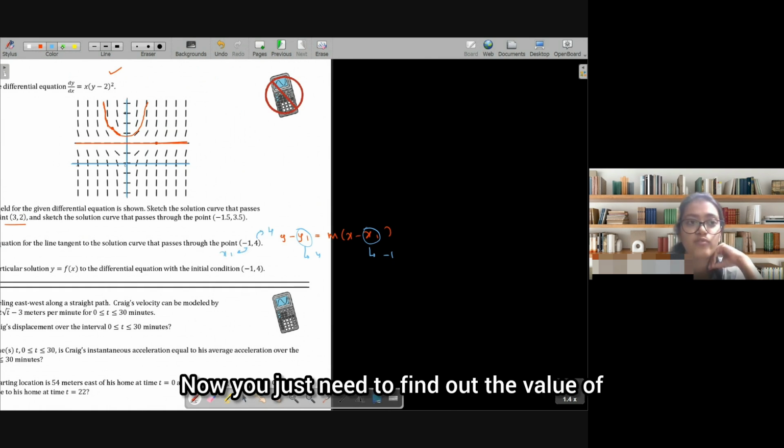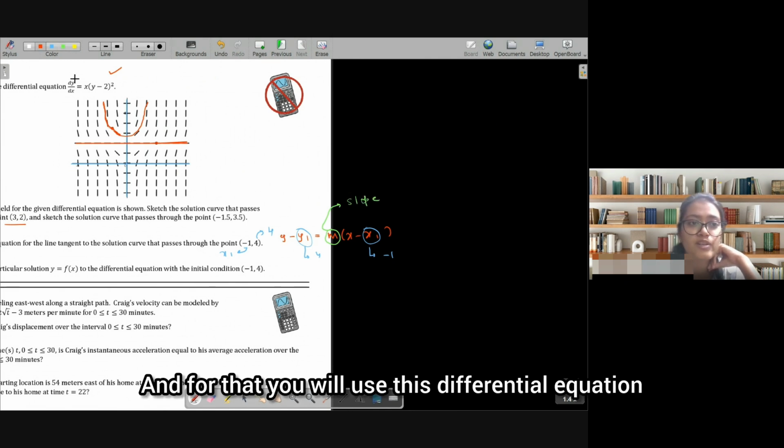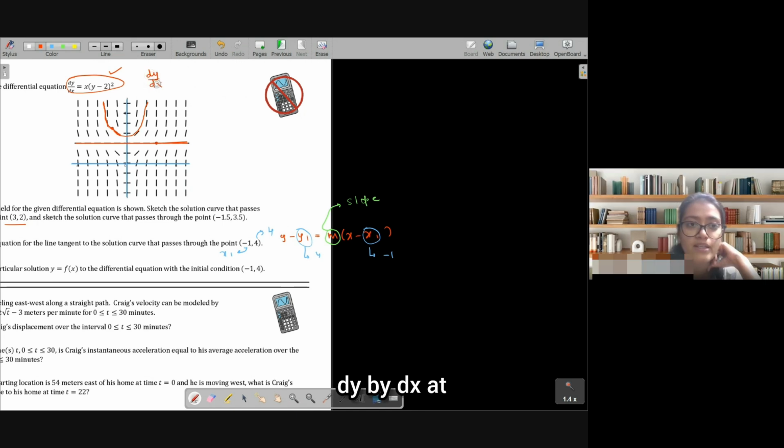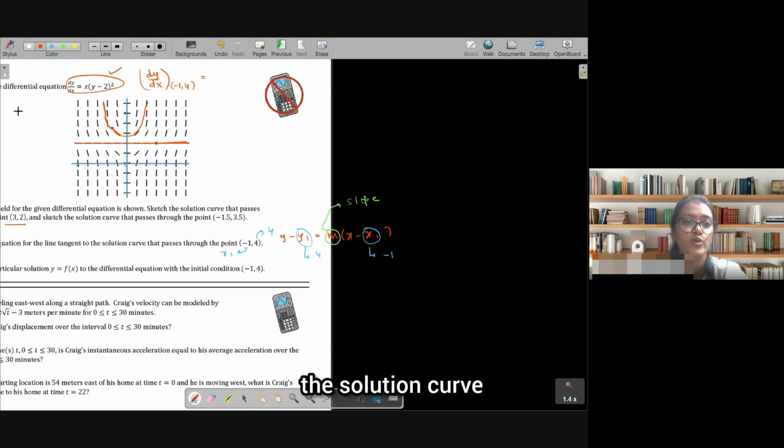Now you just need to find out the value of m, which is slope. And for that, you will use this differential equation. So you have to find out dy by dx at minus 1 comma 4. Right? This equation represents the slope of the solution curve.